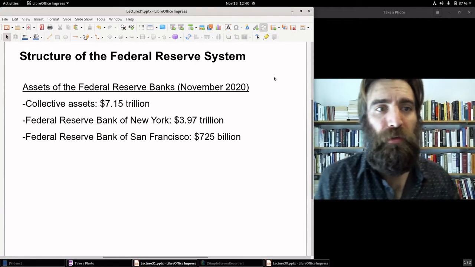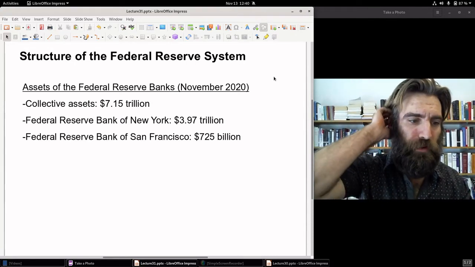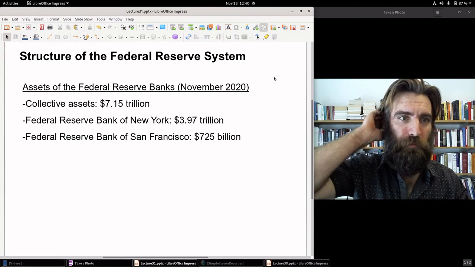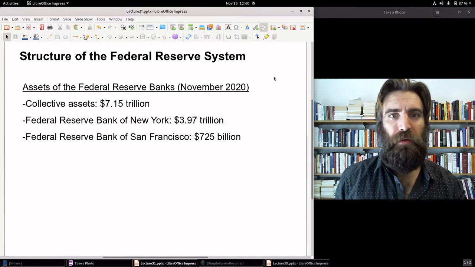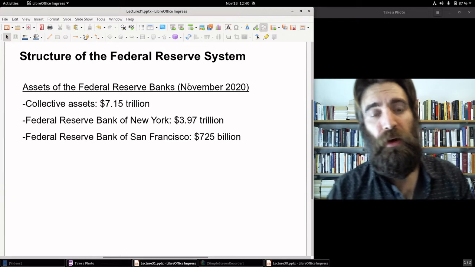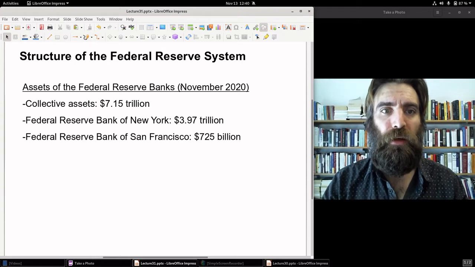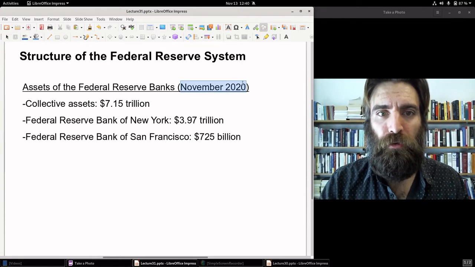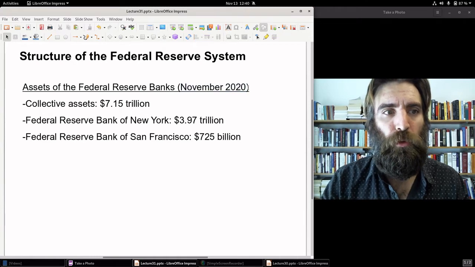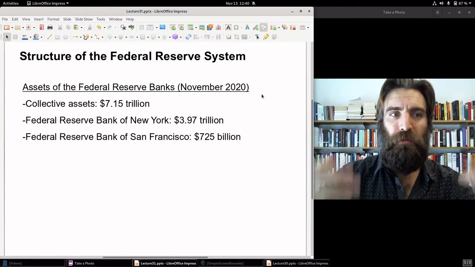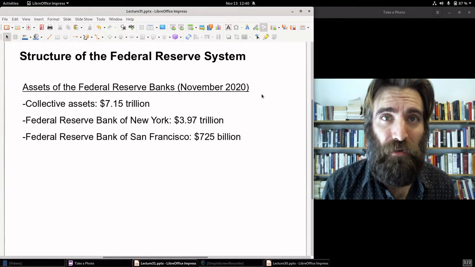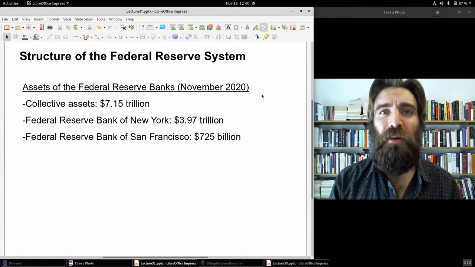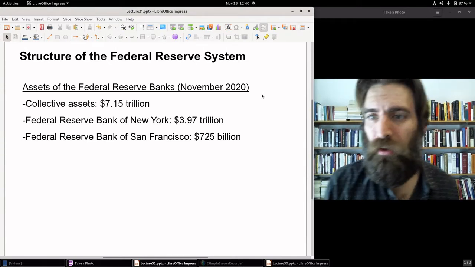And they have a lot of assets. So I mentioned the profits that were made. What about their assets? Well, this is the current. I looked it up yesterday, actually, to get the most updated numbers. This is November 2020. The collective assets of the 12 Federal Reserve banks amount to $7.15 trillion.